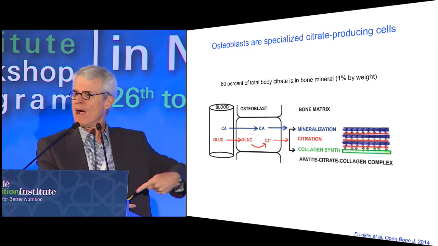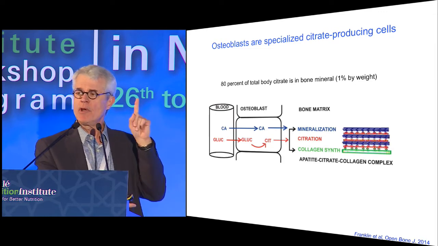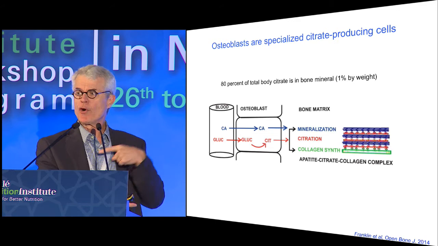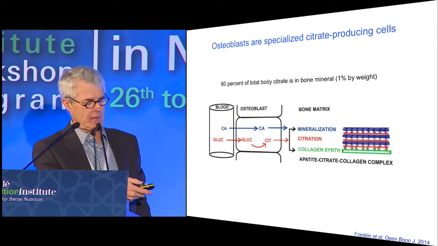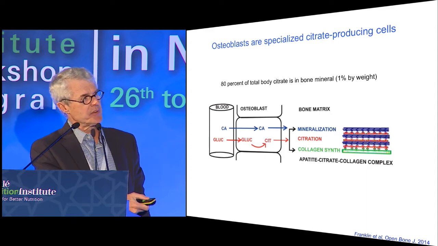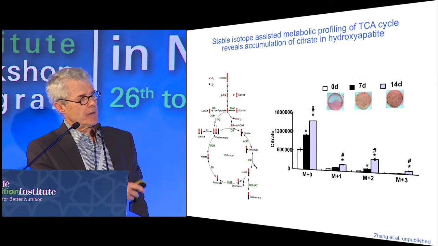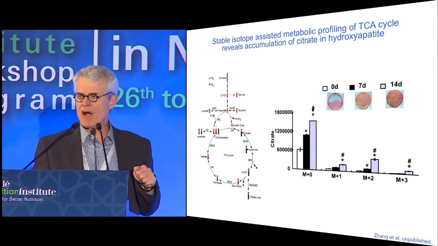Normally that citrate goes around and keeps making ATP, but in bone and prostate cells, it's diverted out of the osteoblast or out of the prostate cell. So these cells produce citrate, and we believe bone actually does it because it needs to get into bone for strength.